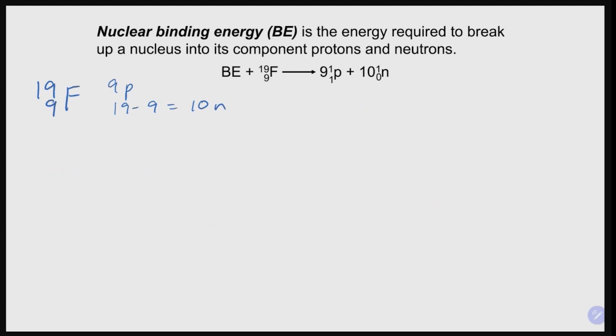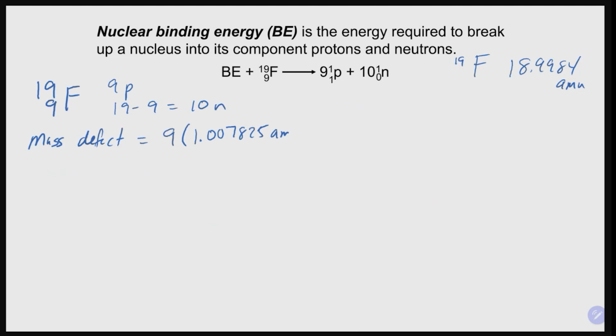So the first thing that we could do is calculate the mass defect here. We have this fluorine 19, and it has an atomic mass of, we'll call it, 18.9984 AMU, atomic mass units. If we were to calculate the mass defect here, we would take the 9 protons and multiply by the atomic mass of a proton, which is 1.007825 AMU.